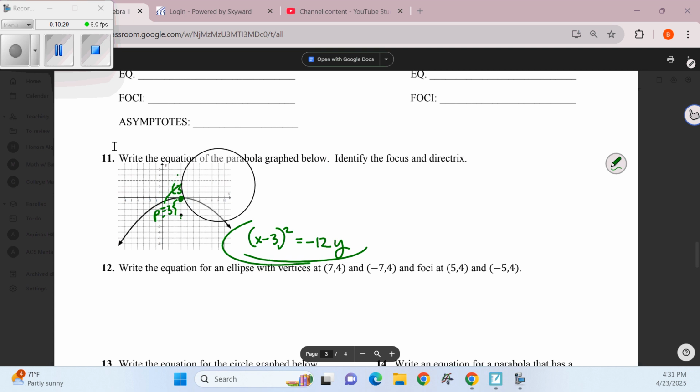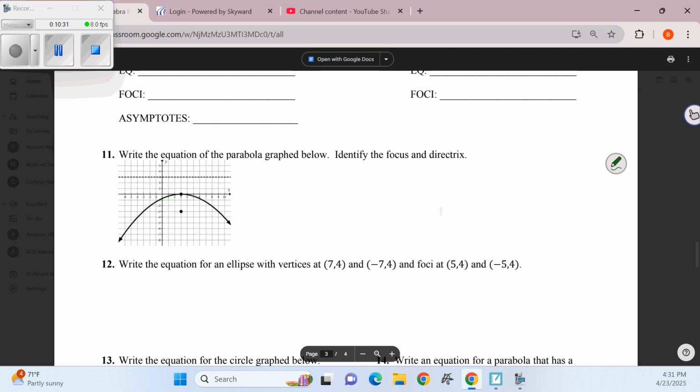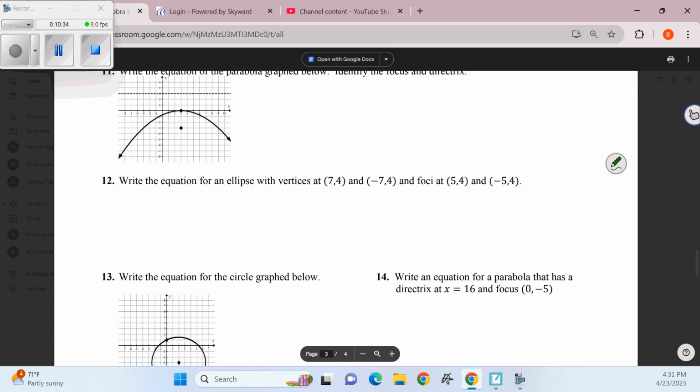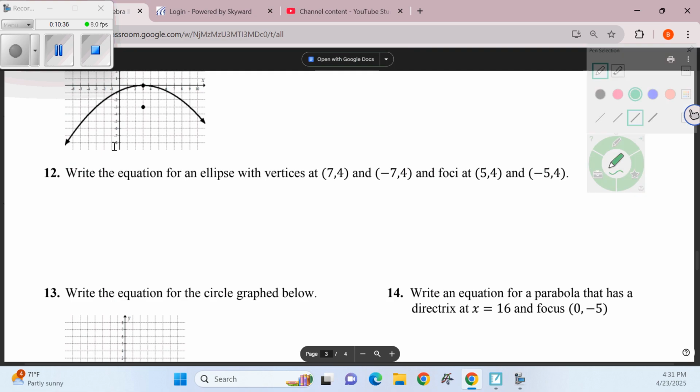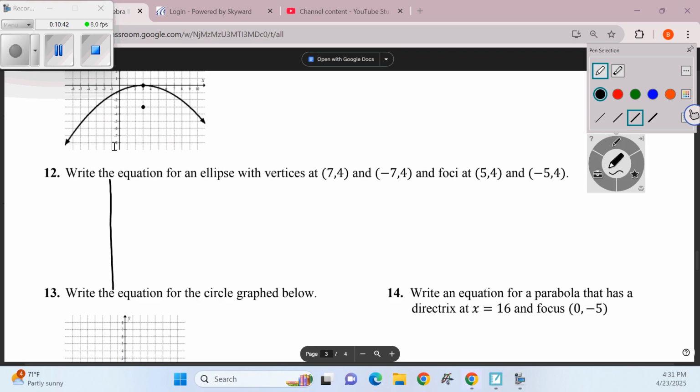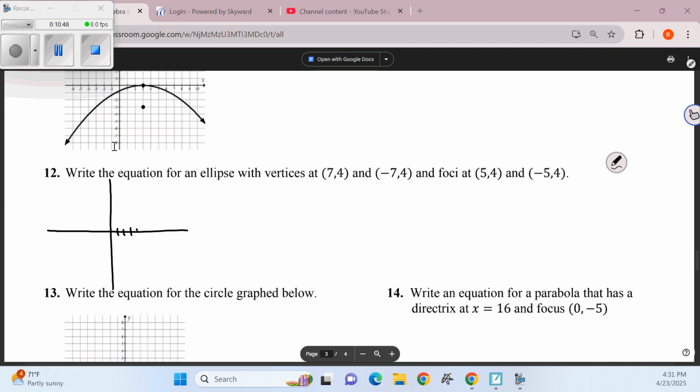Okay, moving right along, number 12. I'm just going to create a little bit more space here. We've got an ellipse. It's not asking for it, but I think we should graph this to get an idea of where these points are. So negative 7, up 4. There's 1 point, and then over 7, up 4.